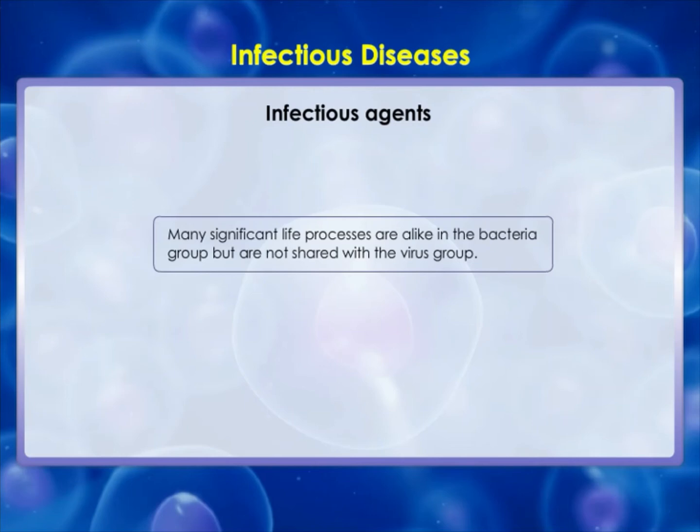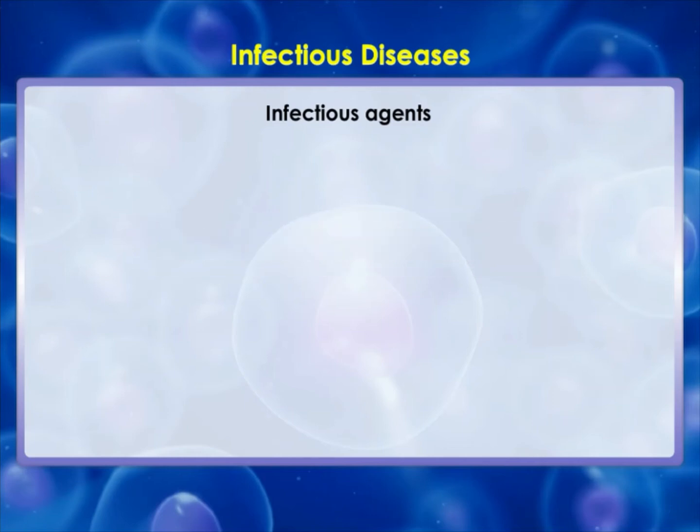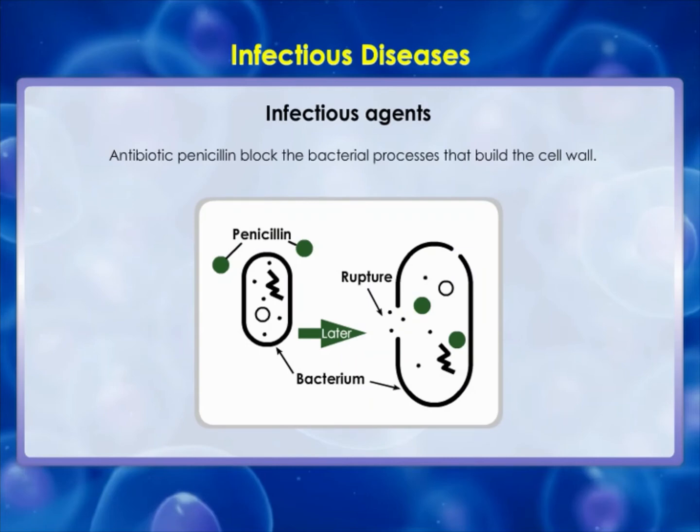This means that many important life processes are similar in the bacteria group but are not shared with the virus group. As a result, a drug that blocks one of these life processes in one member of the group is likely to be effective against many other members of the group. But the same drug will not work against a microbe belonging to a different group.